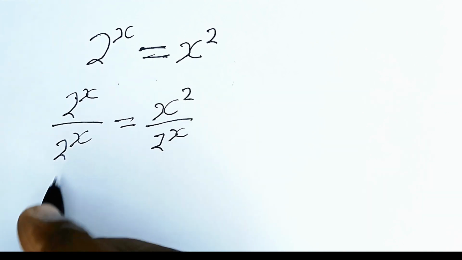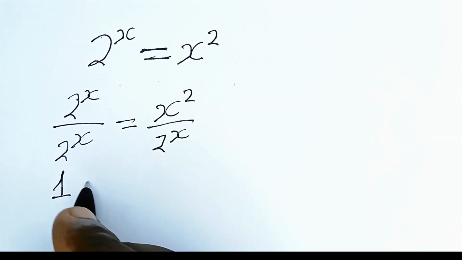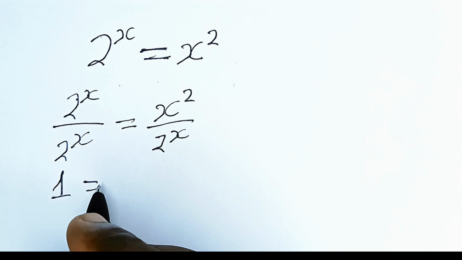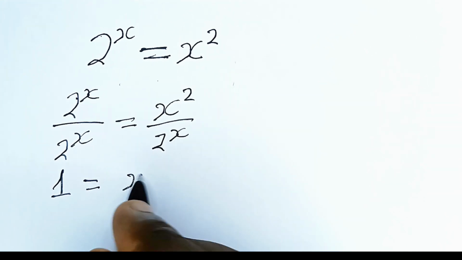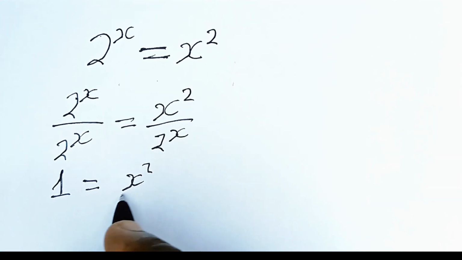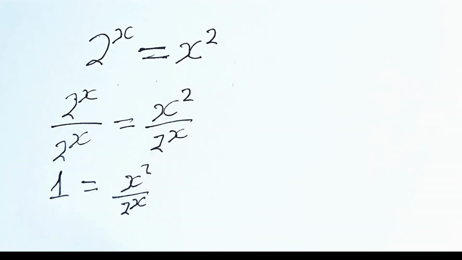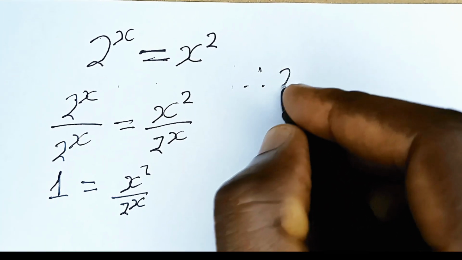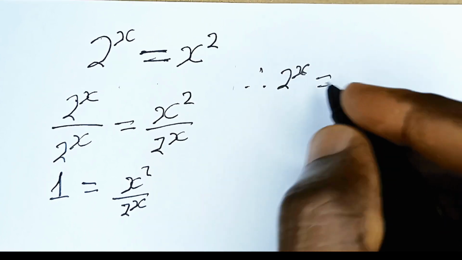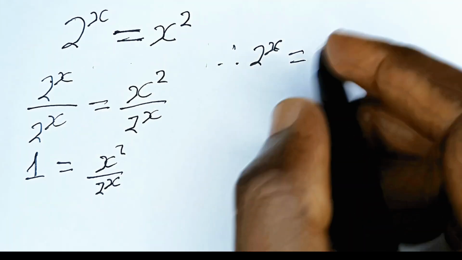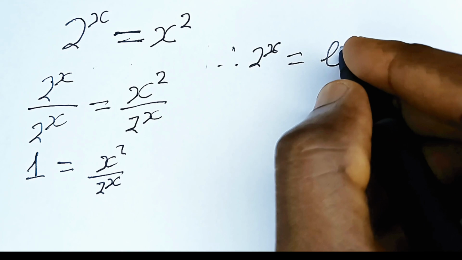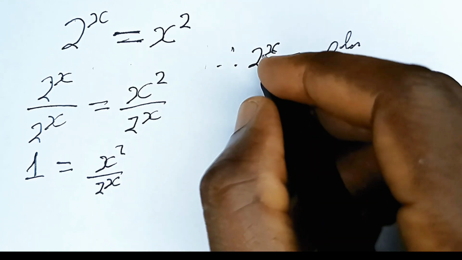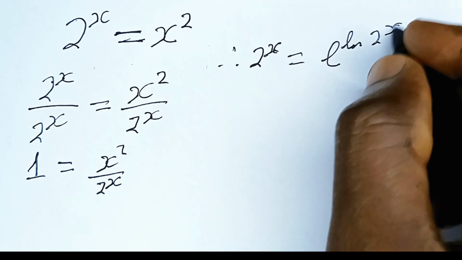This cancels this to give us 1. This will be equal to x squared divided by 2 raised to power of x. Recall that 2 raised to power of x can also be written as exponential to the natural log of 2 raised to power of x.